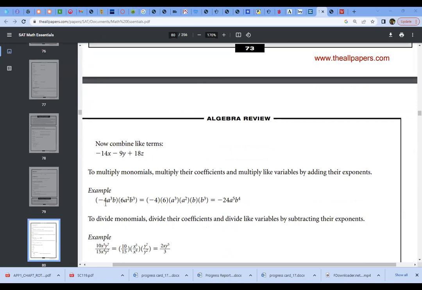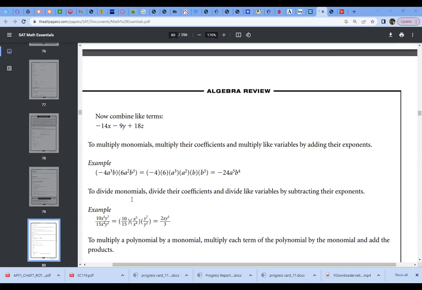Negative 4 by 6 is negative 24. A to the power 3 by a to the power 2 is a to the power 5. B multiplied by b to the power 3 is b to the power 4.